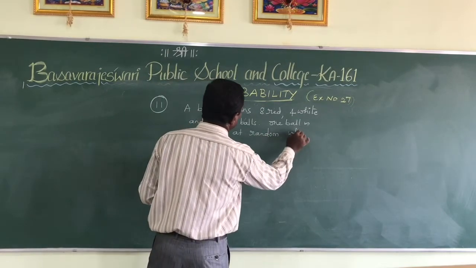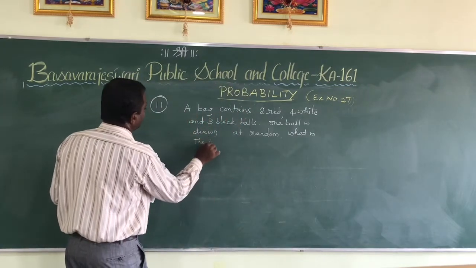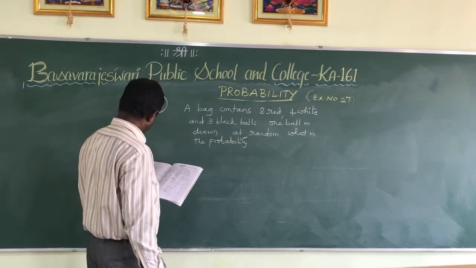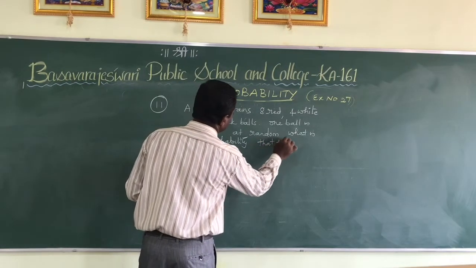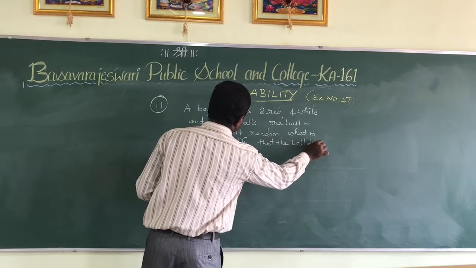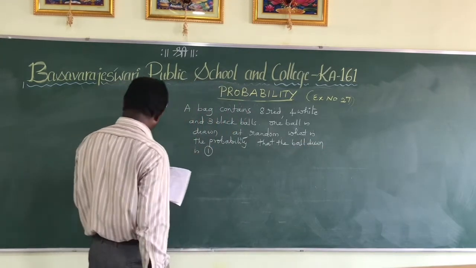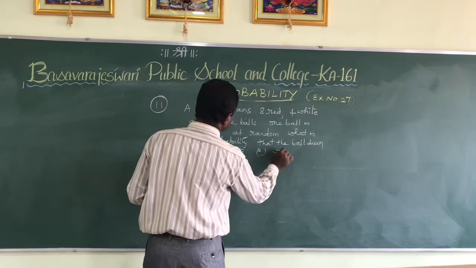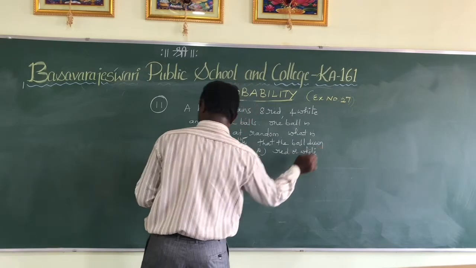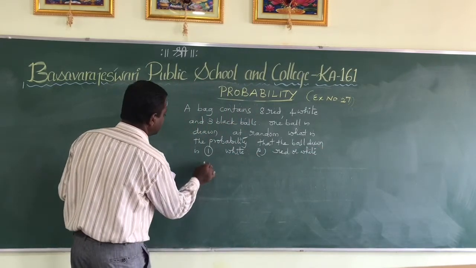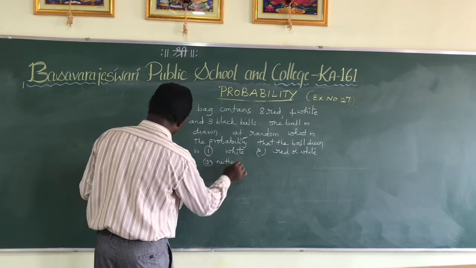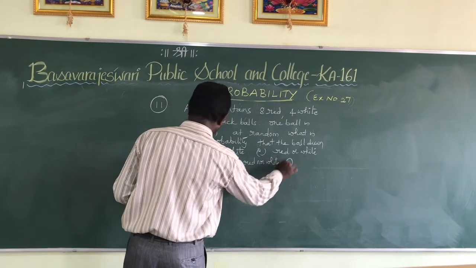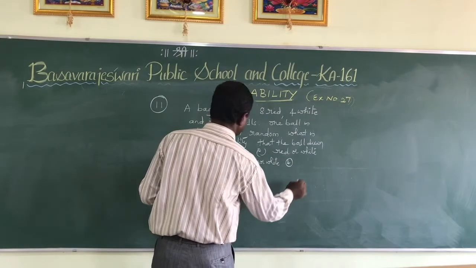What is the probability that the ball drawn is, first, white, second, red or white, third, neither red nor white, fourth, not red.